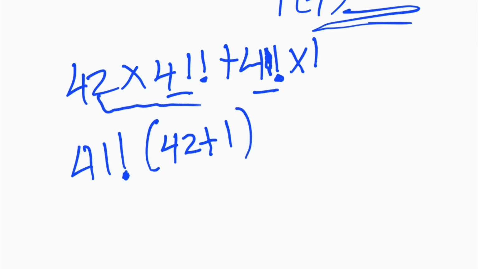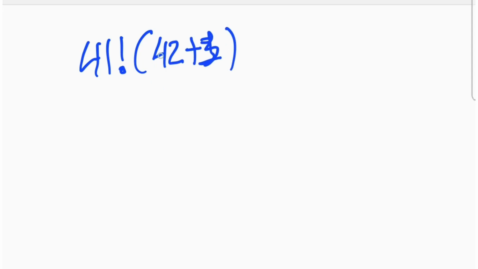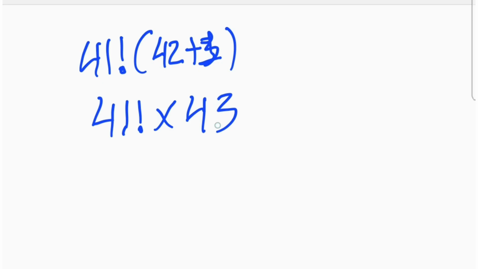So we can add these numbers and multiply them by 41 factorial. It's a similar equation. Here we have 41 factorial multiplied by the sum of 42 plus 1, which simply means 41 factorial times 43.